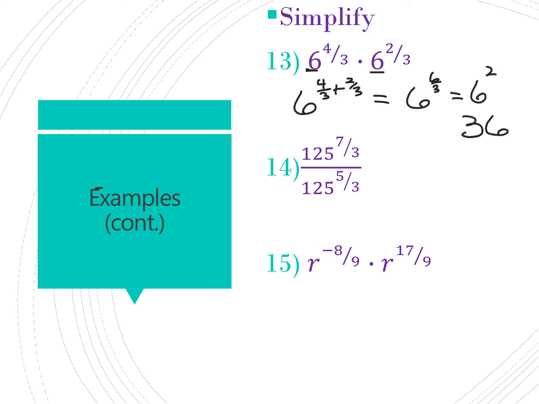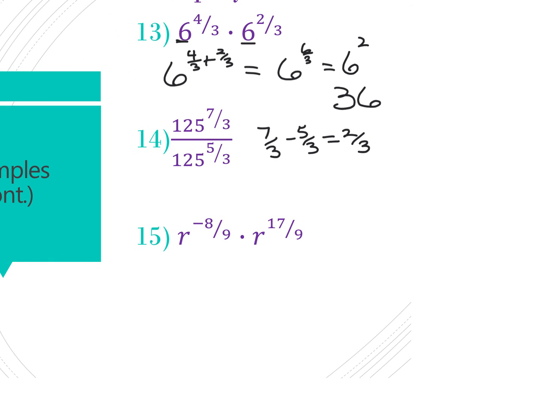I'm going to do the same thing on the next one. It's just division now. So I'm going to take those exponents and subtract them. So really what I'm doing here is 7/3 minus 5/3, which gives me 2/3. And now I'm going to keep the bases. I do not divide 125. So this is now 125 to the 2/3 power.